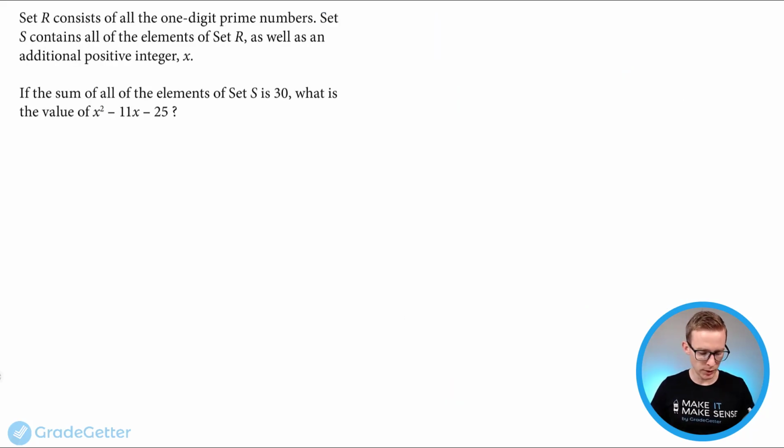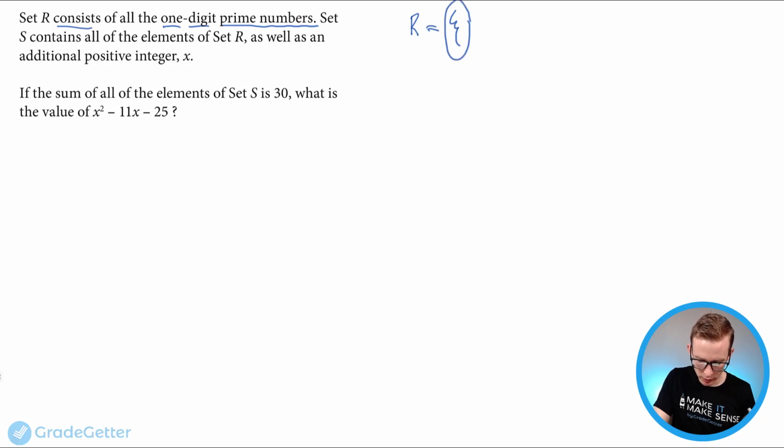Alright, our next problem is dealing with number sets. It says that set R, so set R would just be some set of numbers, and it consists of all the one-digit prime numbers. So you could write set R like this. So first you'd write R, and then you'd write a squiggly bracket, and then you'd write all the numbers that R contains.